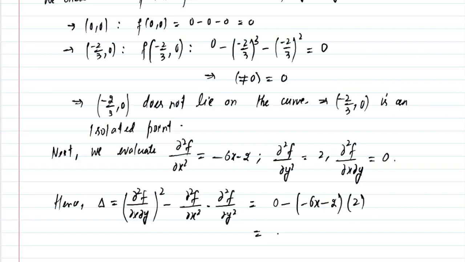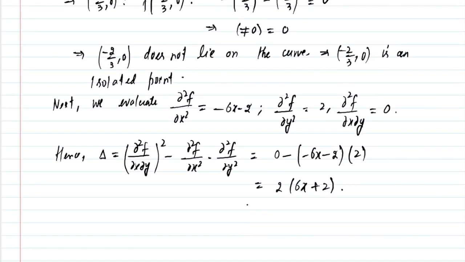So this is equal to 2 into 6x plus 2. Now at 0, 0, this quantity delta gives delta equal to 4, which is greater than 0.